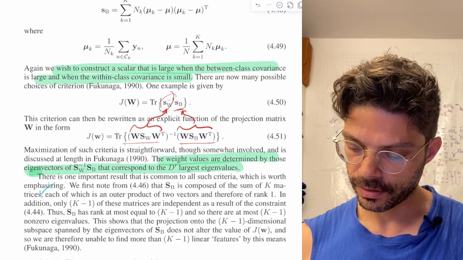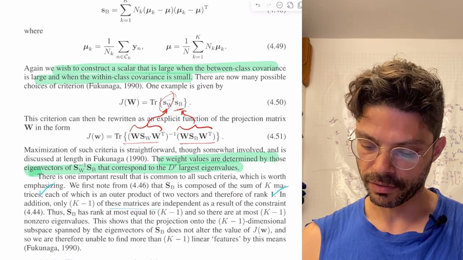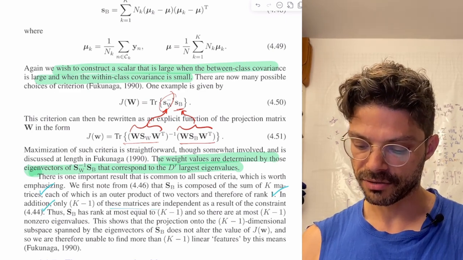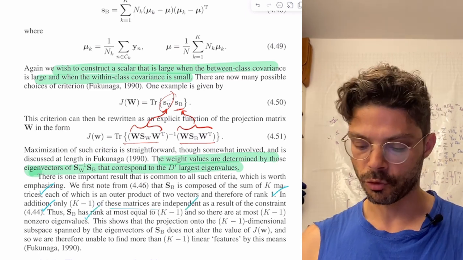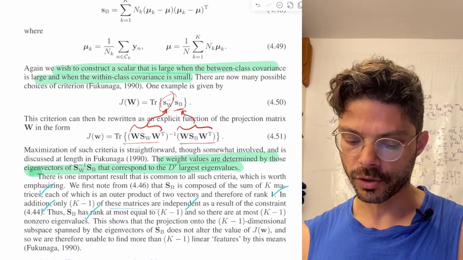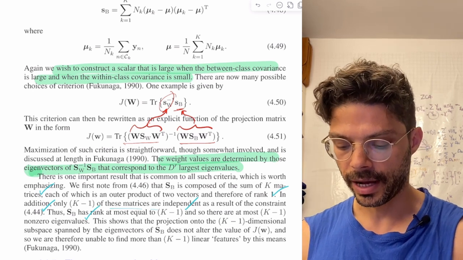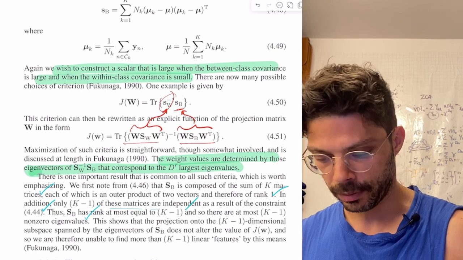Each of which is of rank 1. In addition, only k minus 1 of these matrices are independent as a result of the constraint. Thus, SB has rank at most k minus 1, and there are at most k minus 1 non-zero eigenvalues, which means the same thing. This shows the projection onto the k minus 1 dimensional subspace spanned by the eigenvectors of SB does not alter the value of JW.